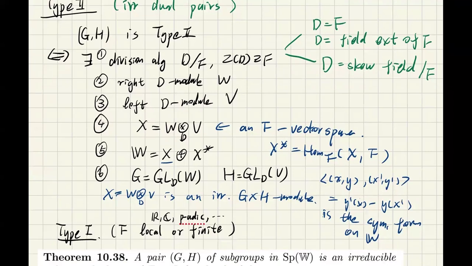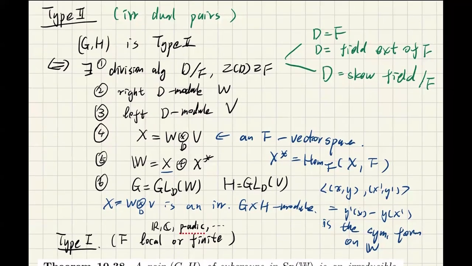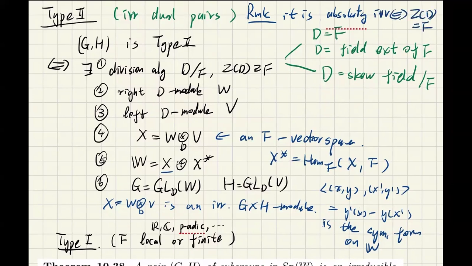So this is a type 2 irreducible dual pair. The remark is that it is absolutely irreducible if and only if the center of D is just F.